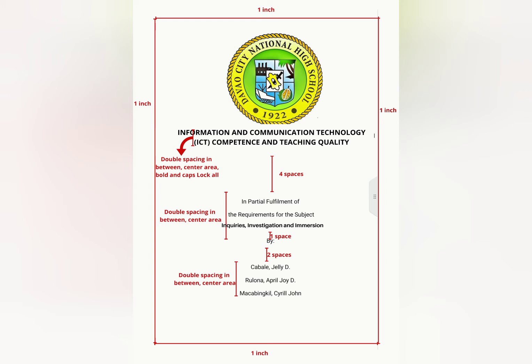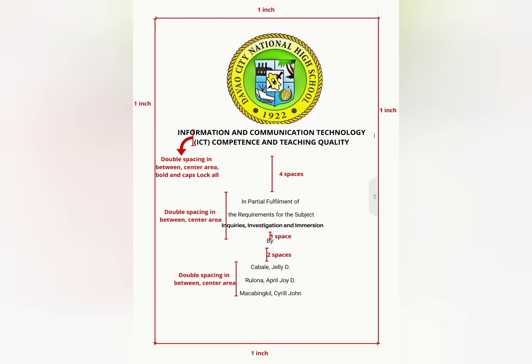So what is the meaning of APA format for research? We have different kinds of research formats: MLA, AMA, and today we're going to use APA because APA is used in different fields.